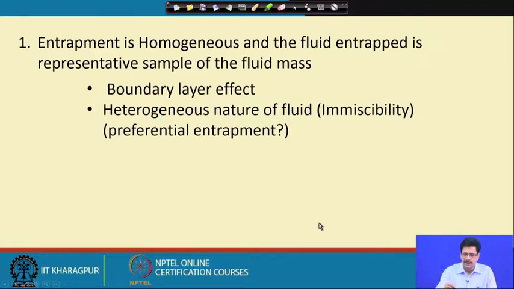Okay. So, if we just try to examine, our first assumption is that the entrapment is homogeneous and the fluid entrapped is representative of the sample fluid mass.